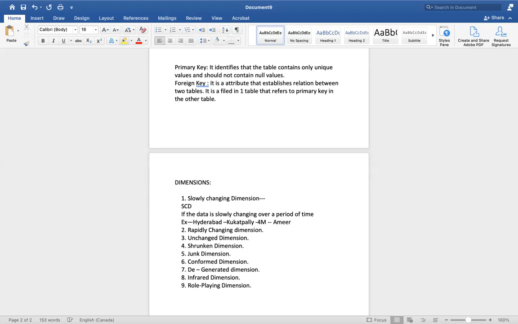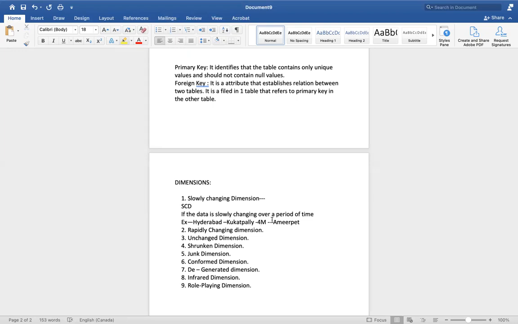So what is happening here is an address change. In a short span of 4 months only, the address is changing. That is nothing but the address slowly changing over a period of time. So this is one example of a slowly changing dimension.